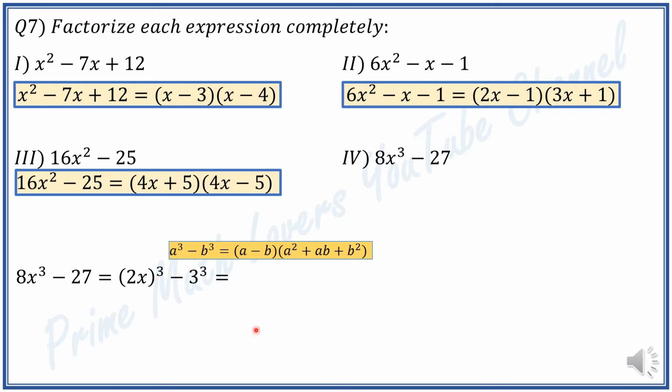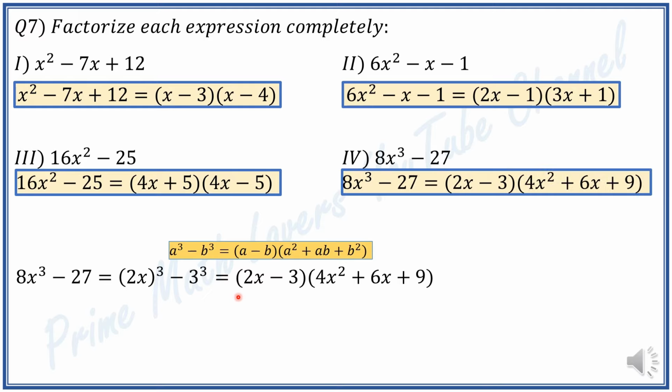We get 2x minus 3 times 2x squared, which will be 4x squared, plus ab, which is 2x times 3, which will be 6x, and plus b squared, which is 3 squared, which will be 9. So part 4 is solved as well, and 8x cubed minus 27 is equal to 2x minus 3 times 4x squared plus 6x plus 9.